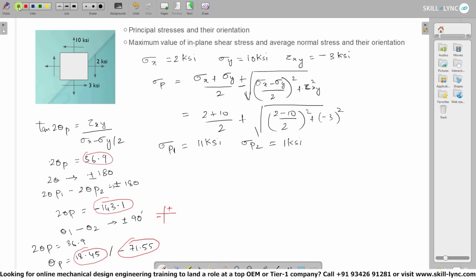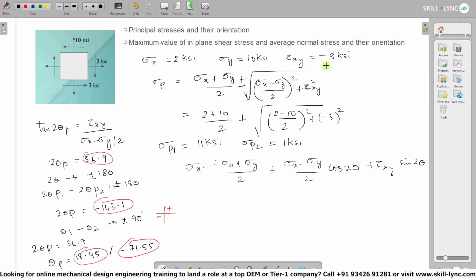So the stress equation which we saw earlier was sigma x dash is equal to sigma x plus sigma y by 2 plus sigma x minus sigma y by 2 cos 2 theta plus tau xy sine 2 theta.